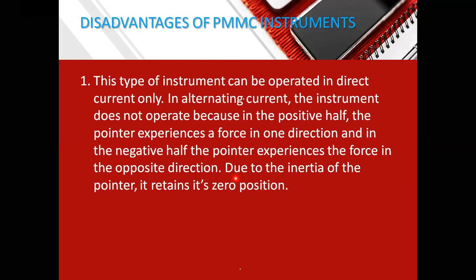In that 0.02 second, 0.01 second is taken for the positive half and 0.01 second for the negative half. That means in 0.01 second, the pointer will experience a force in, say, the clockwise direction. In the immediate next 0.01 second, the pointer will experience a force in the counterclockwise direction.